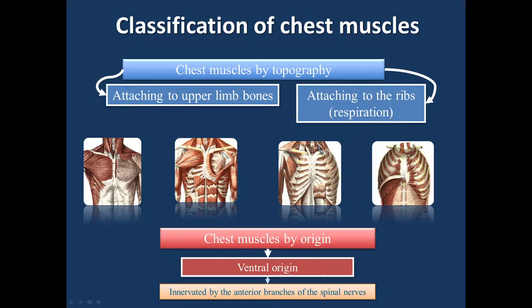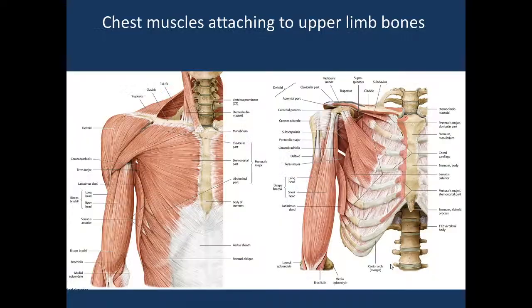When we see the origin of all chest muscles, it is visible that all chest muscles have ventral origin, and they are innervated by anterior branches of spinal nerves.